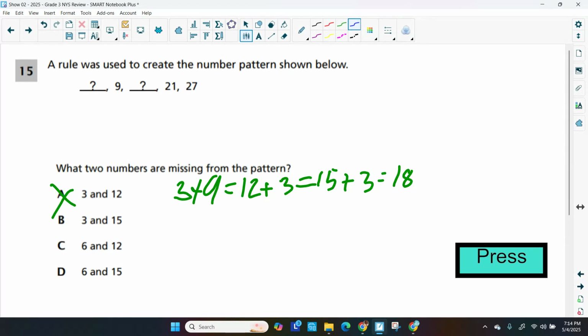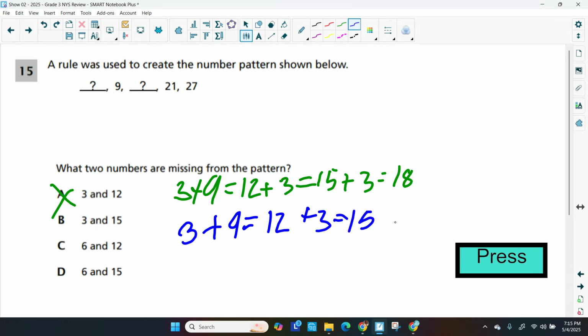B. 3 plus 9 equals 12. 12 plus 3 equals 15.